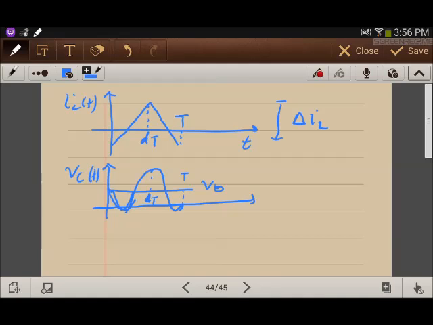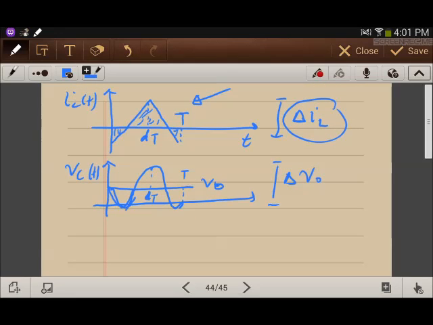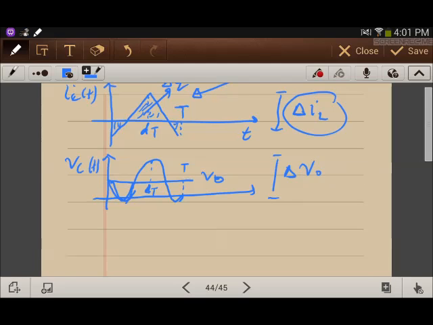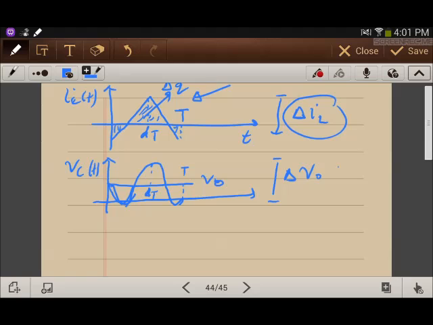So the average value of the voltage here is equal to 0. So this is delta V out. Now since the voltage here depends on the current that is flowing through the capacitor, I have to find the charge, or delta Q, during the charging period. So this will give us the peak-to-peak ripple of the voltage.